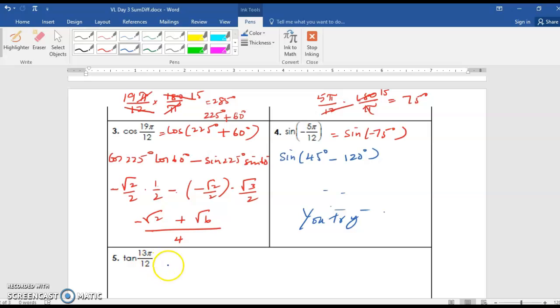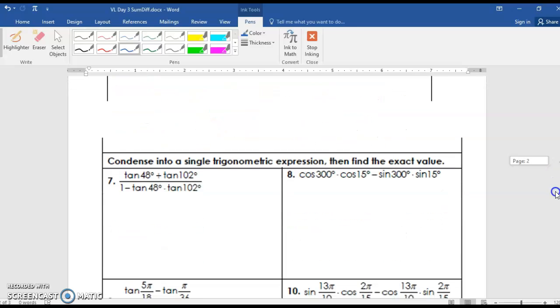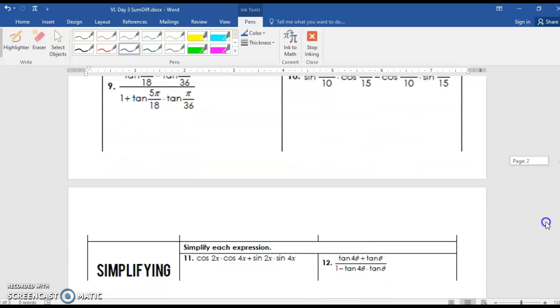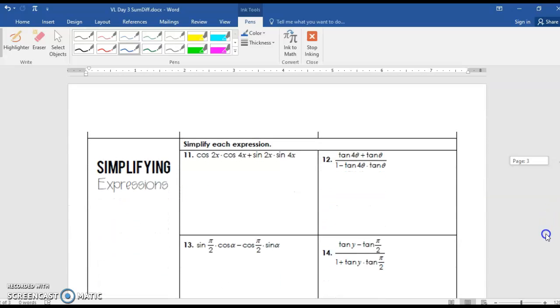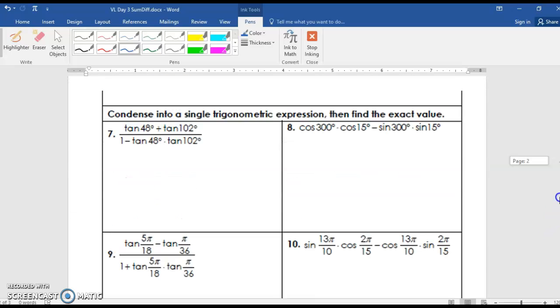And I want you to skip this because at this level it's a little challenging. I want you to look at these kinds of questions, the seventh, where the split is given and you have to find out how to bring it into tan. So suppose tan 48 plus tan 102.